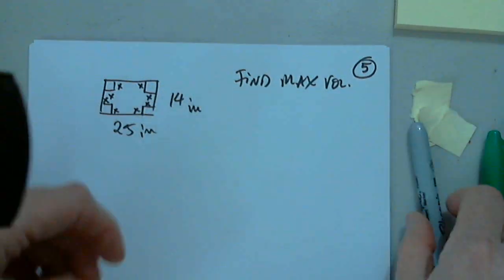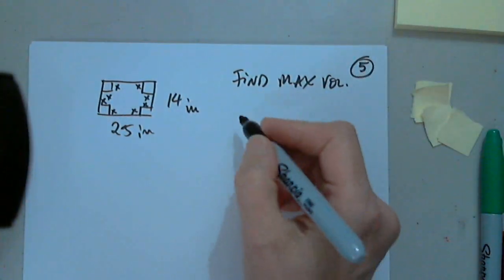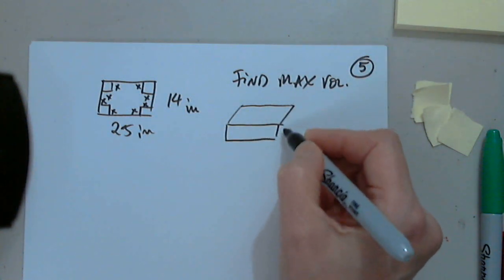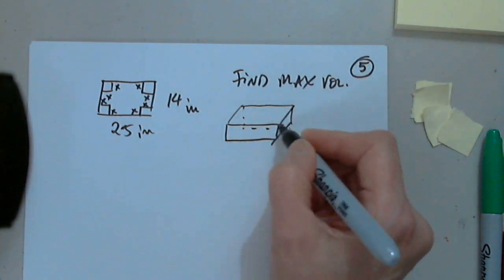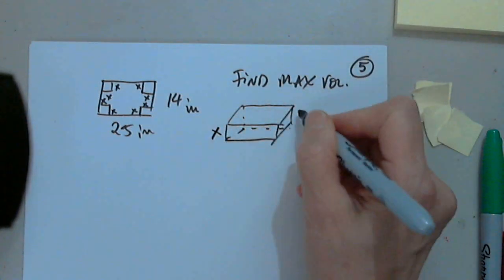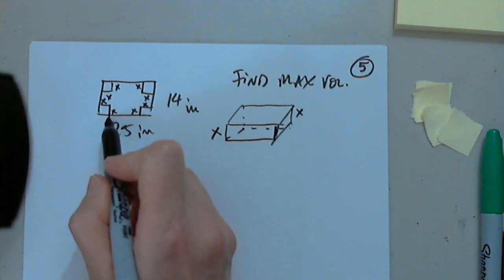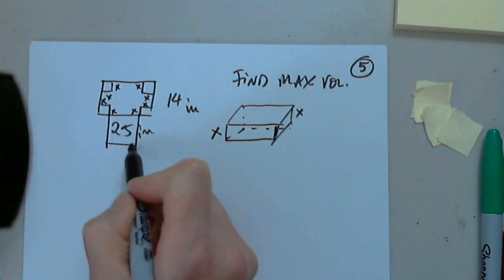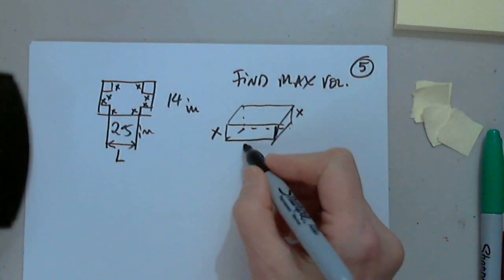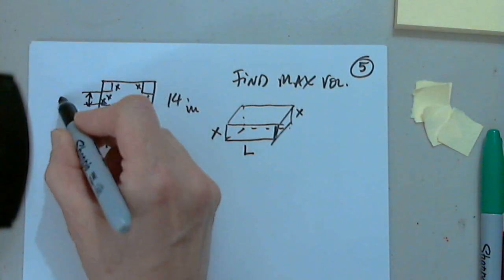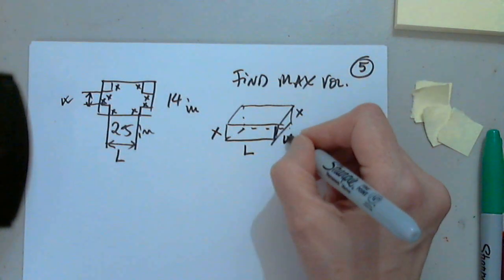X. Exactly, x. Thank you so much. So then the box now looks like this. So this height is x. We have to identify the length, which is this, and now the width, which is this.